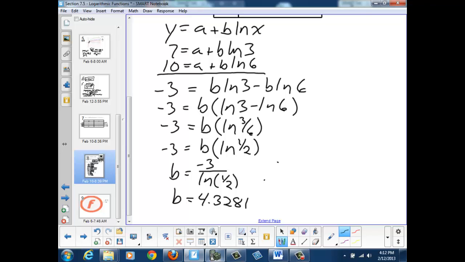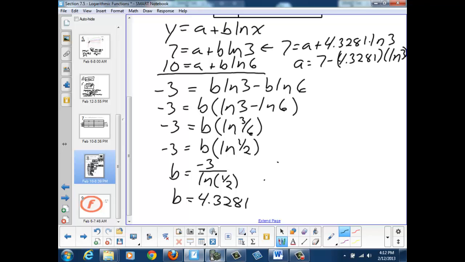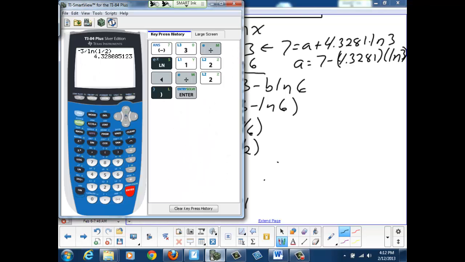So we'll take our first equation here, and we'll replace b with its value. So 7 equals a plus 4.3281 times the natural log of 3. So a is going to be equal to 7 minus 4.3281 times the natural log of 3. Once again, we call on our calculator.